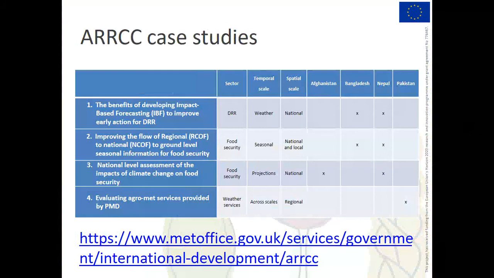Then we'll be evaluating a national level assessment of the impacts of climate change and climate projections on food security in Afghanistan and Nepal. And fourthly, we'll be working with the Pakistan Meteorological Department, possibly to examine the impact of their agri-met services on subsistence farmers.